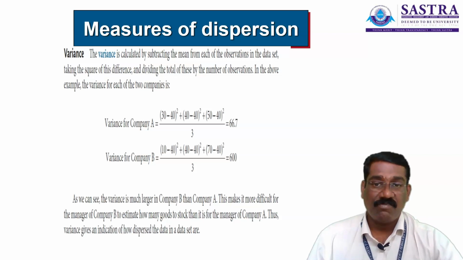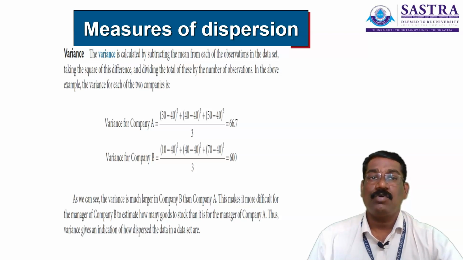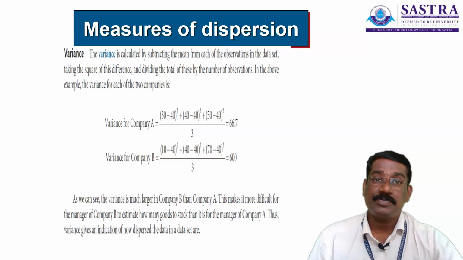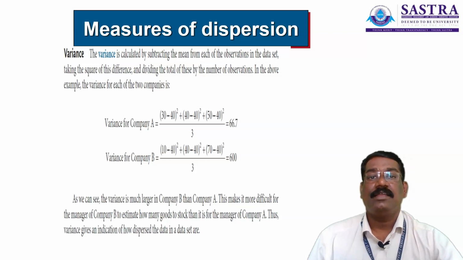As we can see, the variance is much larger in company B than in company A. This makes it more difficult for the manager of company B to estimate how many goods to stock than it is for the manager of company A. Thus, variance gives an indication of how dispersed the data in a data set are.